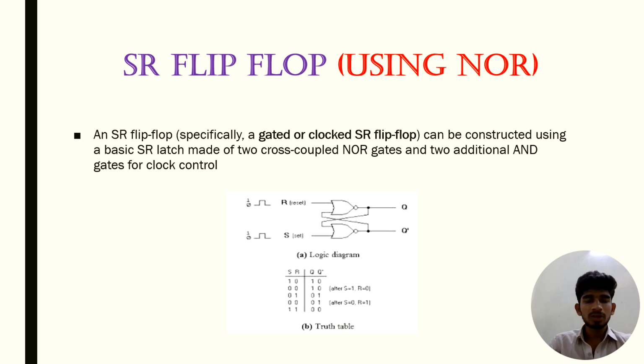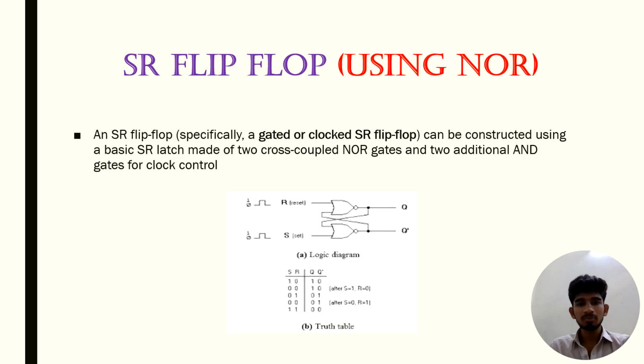Now we are discussing the SR flip-flop using NOR gate. An SR flip-flop, especially a gated or clocked SR flip-flop, can be constructed using a basic SR latch made of two cross-coupled NOR gates and two additional AND gates for clock control.